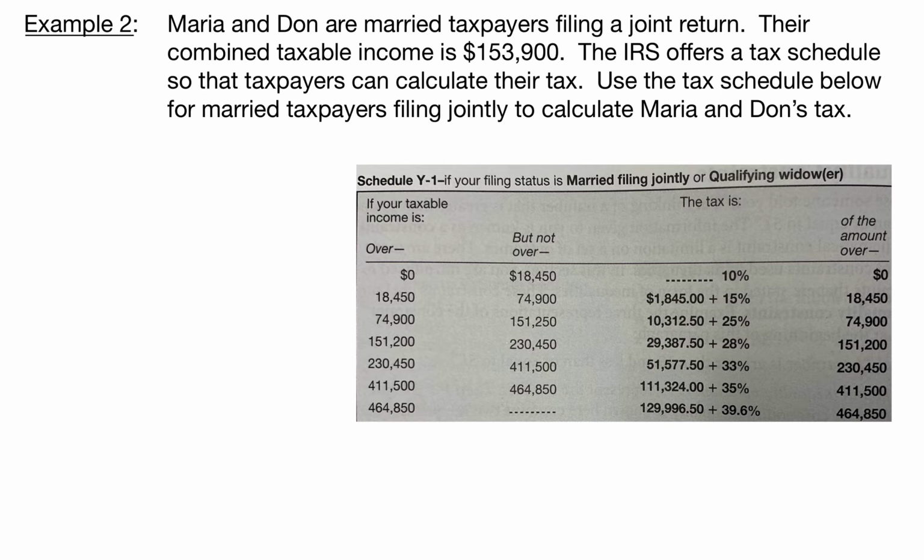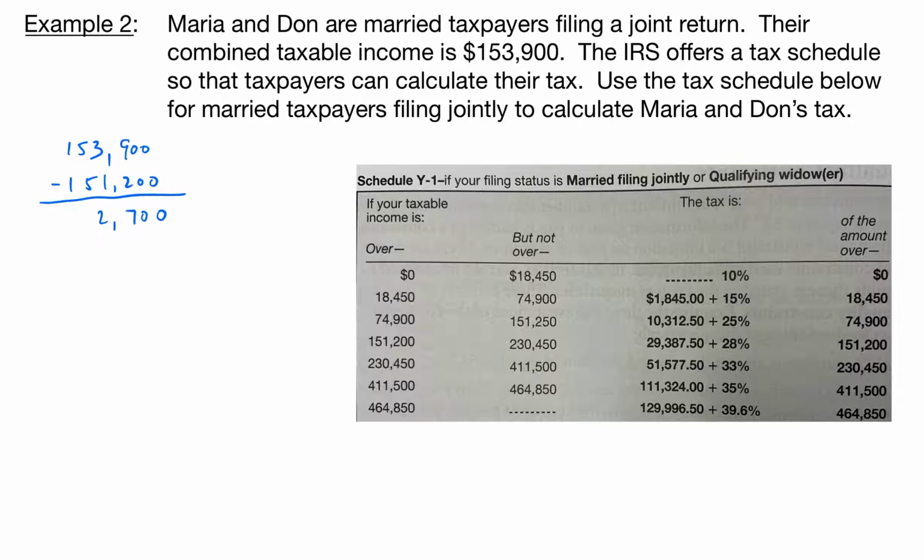We're going to figure out what the difference is, how much they make over the $151,200, and then we'll go ahead and add in the $29,387.50 in taxes. So how this works is we're going to take $153,900 and we're going to subtract out $151,200. Okay, so that works out to $2,700.